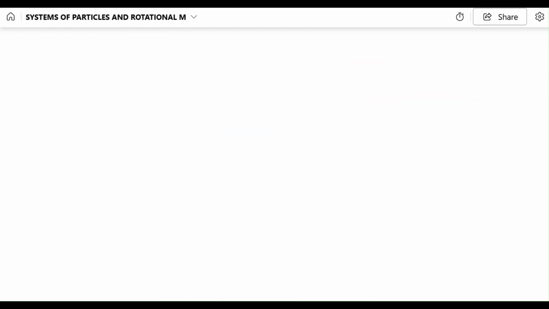But before that, we are going to study the linear momentum of a system of particles. So what is the linear momentum? We all know that the total linear momentum for n number of particles is the sum of the linear momentum of each and every particle.